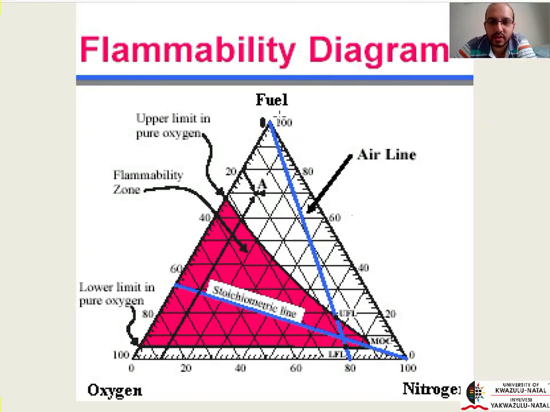Now looking at your actual compositions, so if this point here represents 100% fuel, then this entire baseline here actually represents 0% fuel. So along this line, you will have only oxygen and nitrogen.